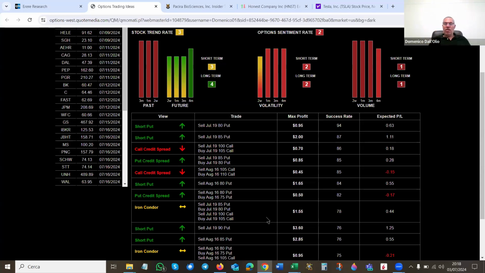My favorite ones are the short puts, because at least I have a plan B. If the trade doesn't go well, and I believe that it would not be a problem to be assigned the stock, so purchase the stock, okay? When you short sell a put, you are selling someone else the right to sell to you the underlying.